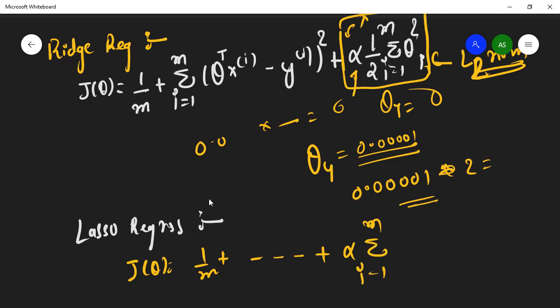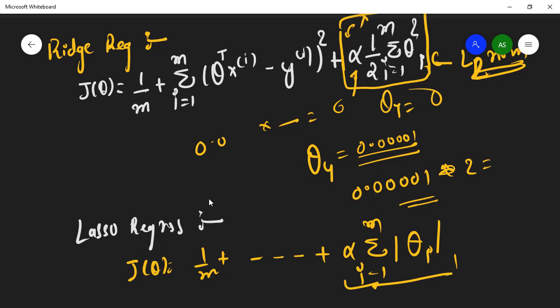You are not penalizing theta 0 again, and you take the norm of theta i. Here you are applying the L1 norm.